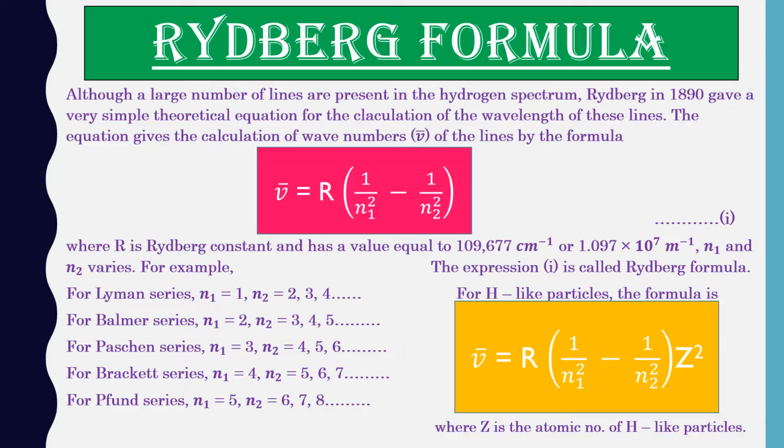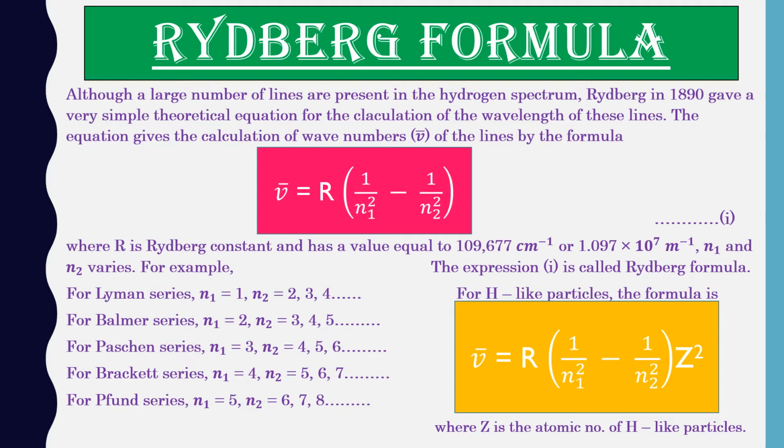So let us proceed towards another formula, that is the Rydberg formula. We know that a large number of lines are present in the hydrogen spectrum, the line spectrum of hydrogen we have just seen, arising from electronic transitions.